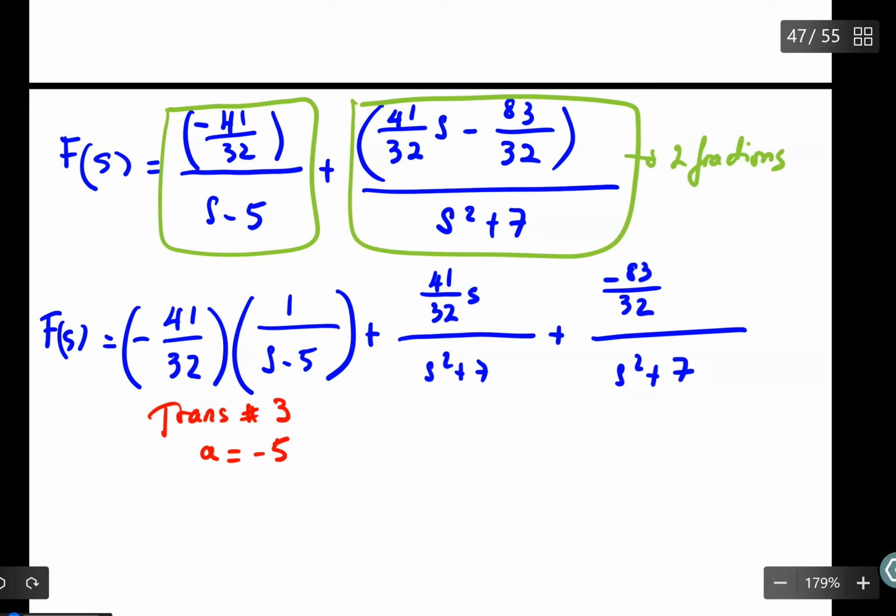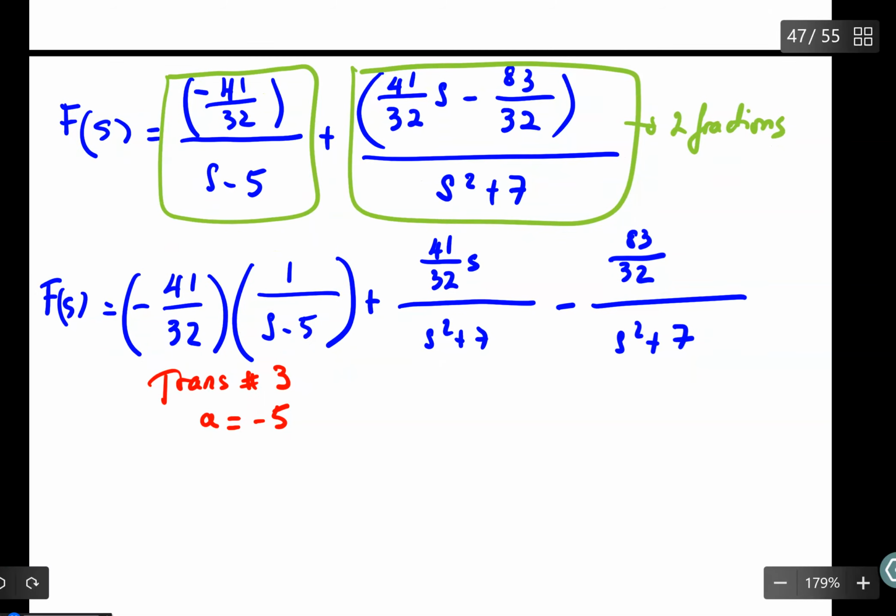Okay, so at this point what you can do is write this as subtract 83 over 32 as the numerator, and then divided by s squared plus 7.